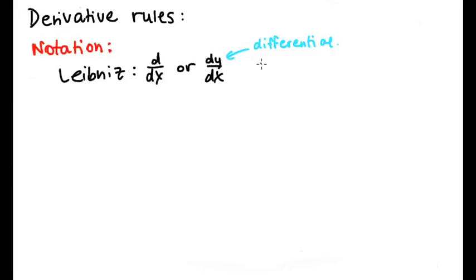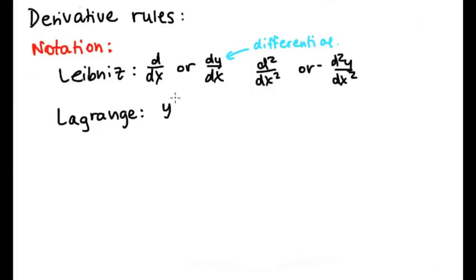If you want to take multiple derivatives for d dx, you do something like d squared over dx squared, or you can do d squared y over dx squared, and you can replace the 2 by any n. So that's Leibniz.